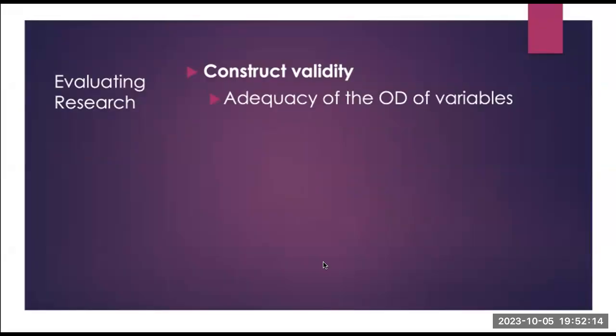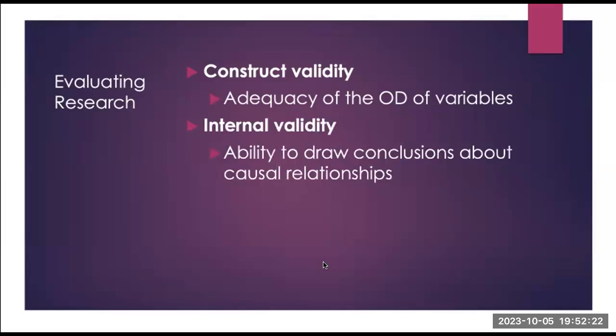We do that by making sure that the operational definition of variables is consistent with what exists in the literature, right? Because your research design structure is so strong, internal validity gives the researcher the ability to draw conclusions about causal relationships. The stronger your internal validity, the stronger your confidence that it is the independent variable that's causing change in the dependent variable.